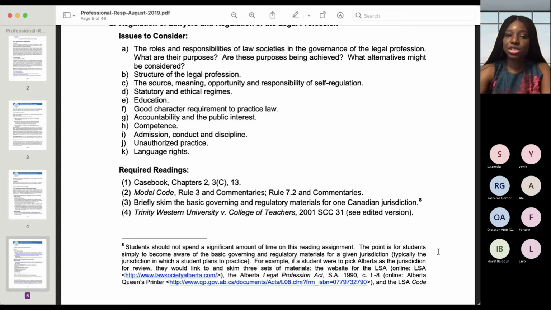In deciding whether they could establish a law school, they needed the approval of the law society in every province. They had gotten the approval of, I think, 7 out of 10 provinces.